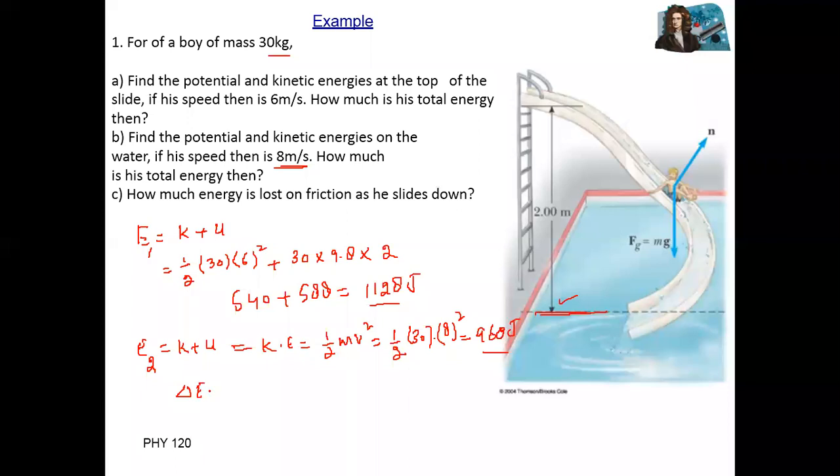A change in energy is equal to E1 minus E2 or E2 minus E1. So E1 minus E2 is equal to 1128 minus 960, equal to 168. This 168 joule of energy is lost to friction.